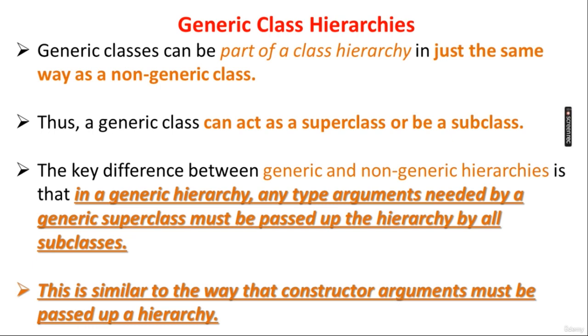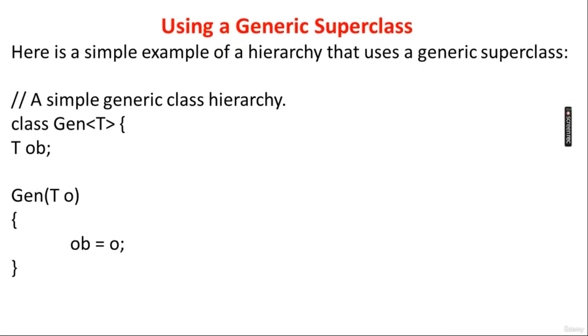If one class has type T, this type should be passed to all the subclasses that inherit the current superclass. This is similar to the way constructor arguments must be passed up a hierarchy, like when you use super. This super call must be on the same line in the constructor, and it will call the constructors of the base classes using the generic superclass.